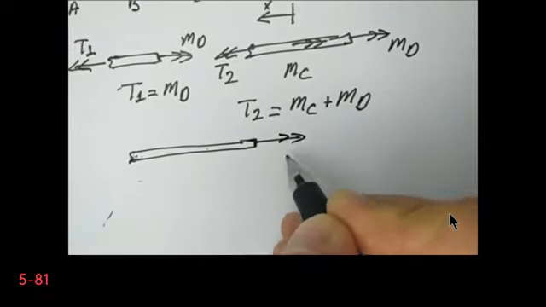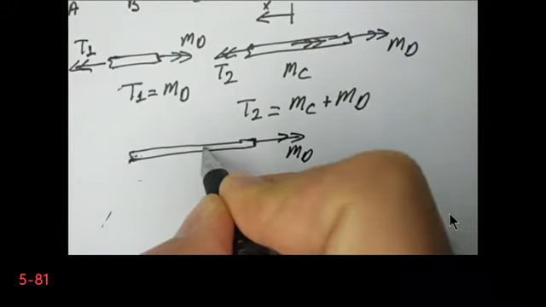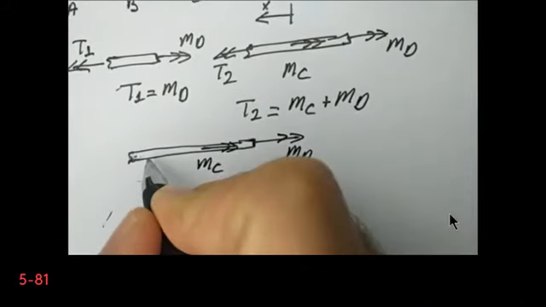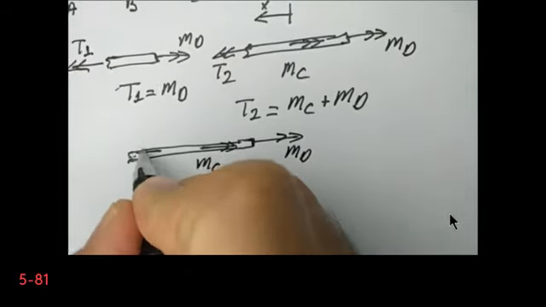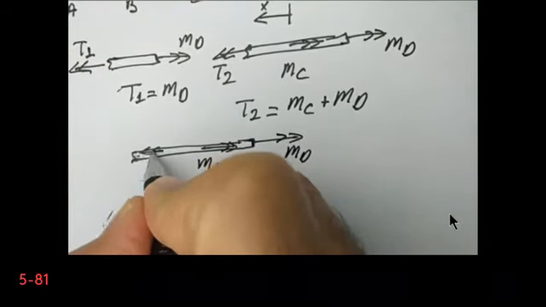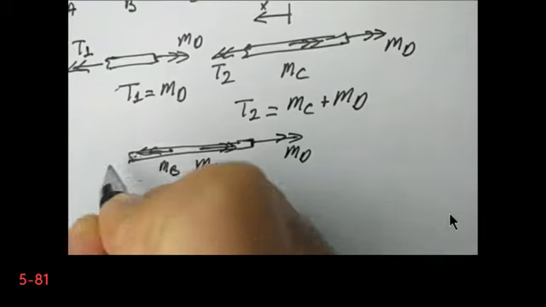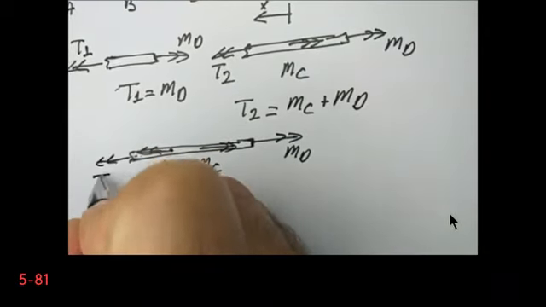This is my MD. This is my MC, then this is my MB, this is my torque 3.